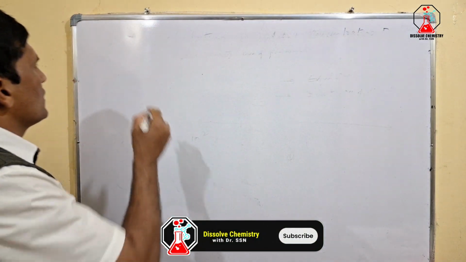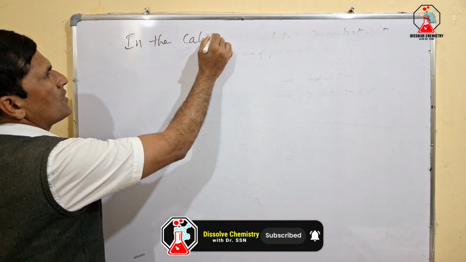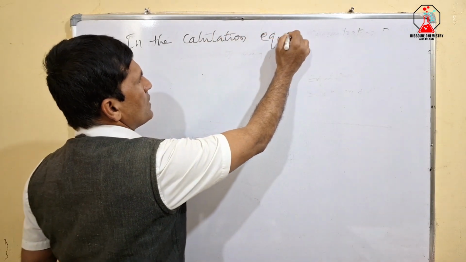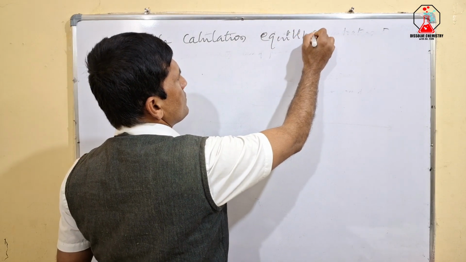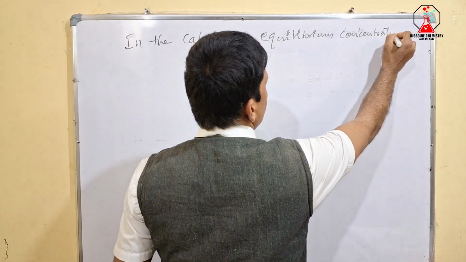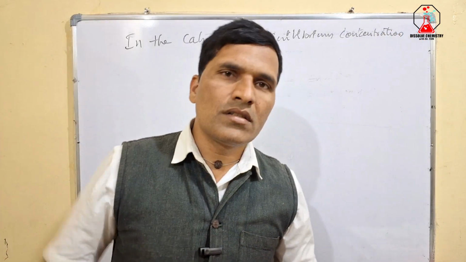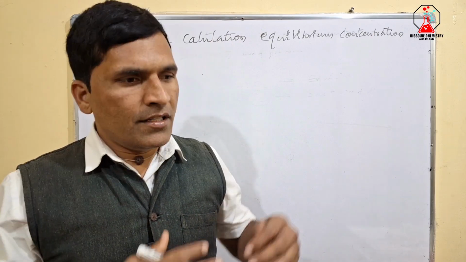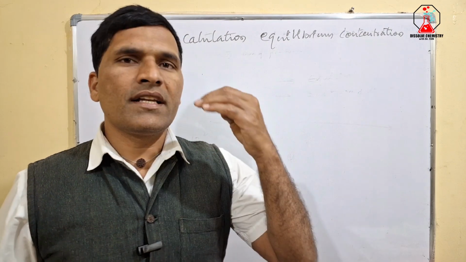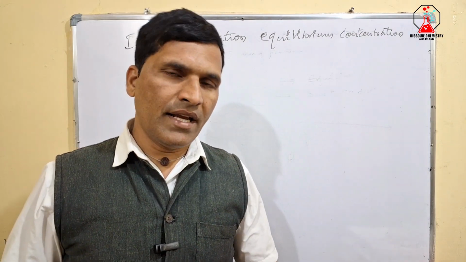The third application is in the calculation of equilibrium concentration. Suppose we know the initial concentration of the reactants and the equilibrium constant value for a given reaction, then we can calculate the equilibrium concentration of the reactants and products.